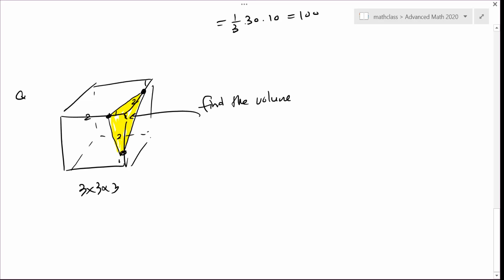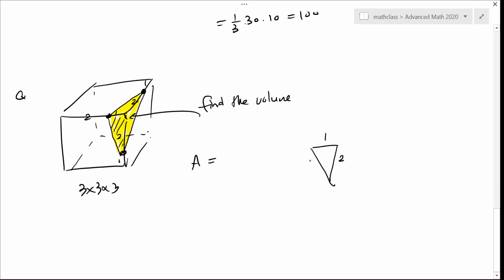All right, now you can view this cone in 2 different ways. You can call this side the base, so it becomes a cone. So the A is going to be the area of this triangle, right? So it's 1, and here's 2.